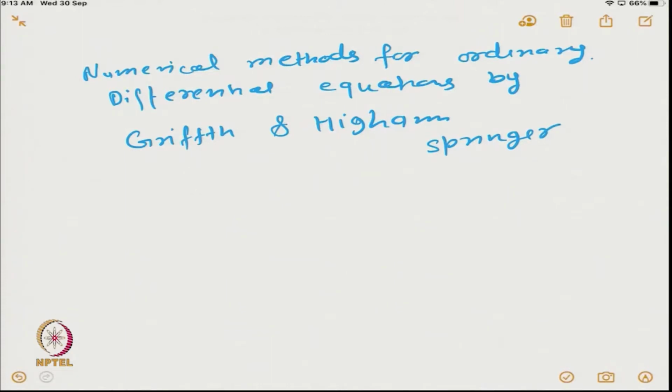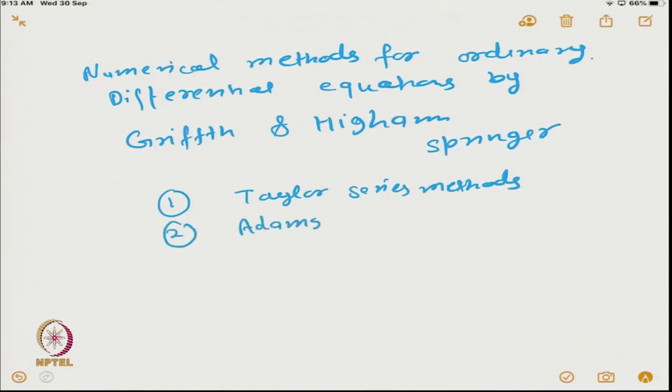Now, let me recall what we have done in the last lecture. In the last lecture, initially we saw Taylor series methods. Then we saw Adams-Bashforth methods.